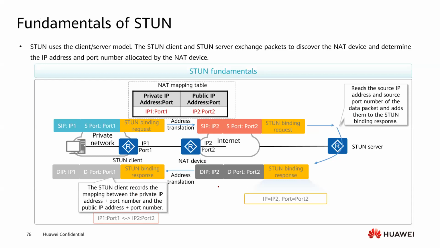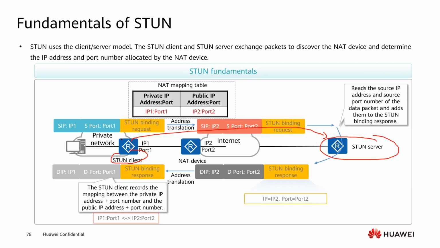So the working principle for STUN is very simple. If they want to achieve network NAT traversal, the STUN client will first send a packet to the STUN server, which is a device located in the public IP network.